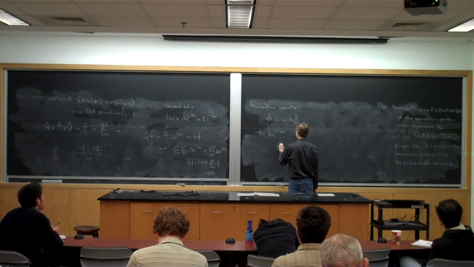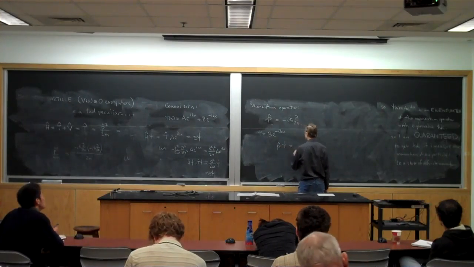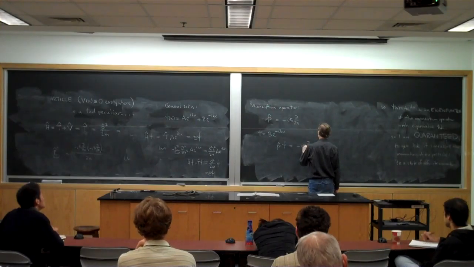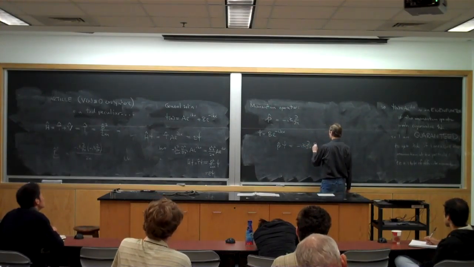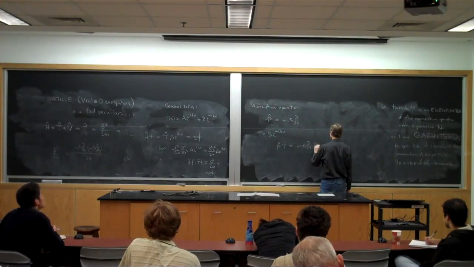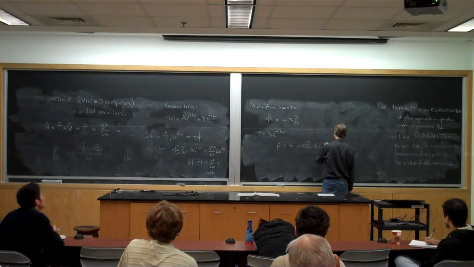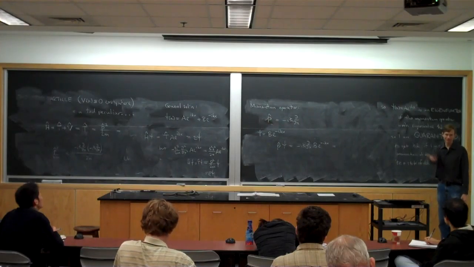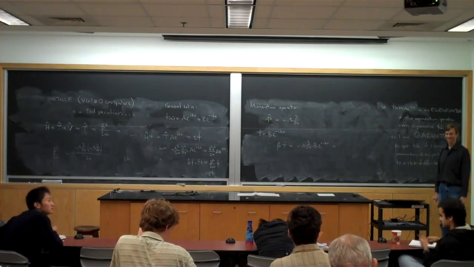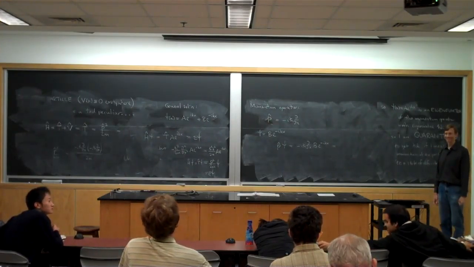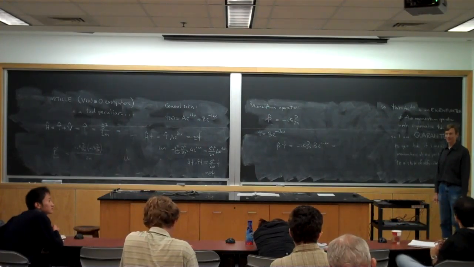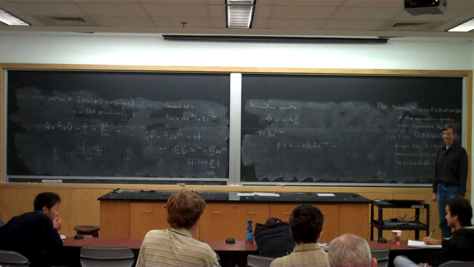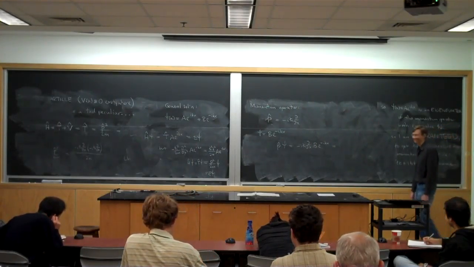Apply the momentum operator to that side. So we're going to take minus i h bar d/dx of b e to the minus ikx. What are we going to get as a result of that? Sorry.